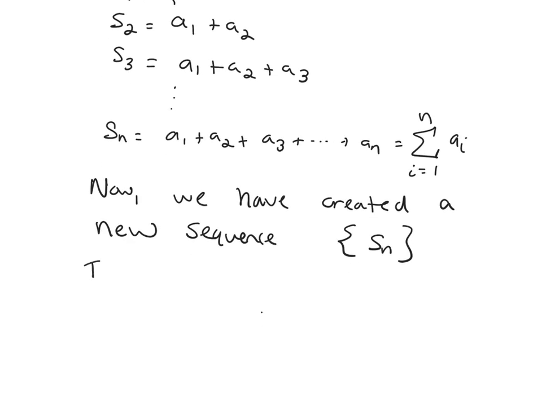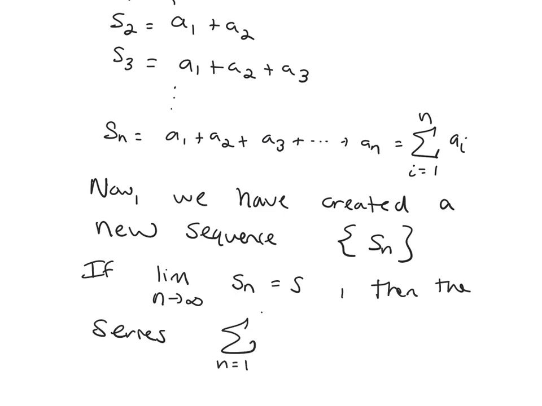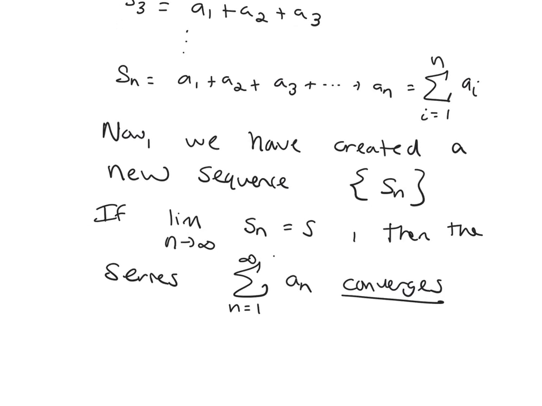So if your sequence converges, if the limit of the S sub n's is S, which is a finite number, then the series a sub n, we're going to say that it converges, and S is the sum of the series.